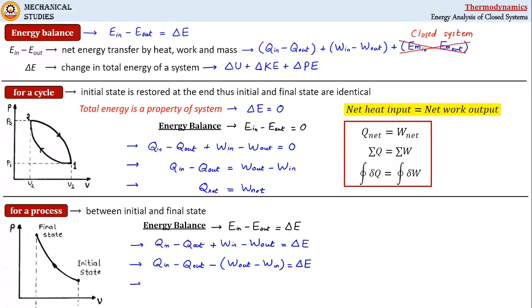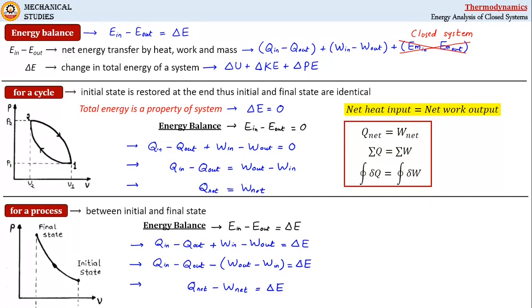And again I can write here Q in minus Q out will be represented as Q net, minus W out minus W in, this will be represented as W net, is equal to delta E. So here again Q net represents net heat input provided to the system, W net represents net work delivered or produced by the system, and delta E change in total energy of the system.